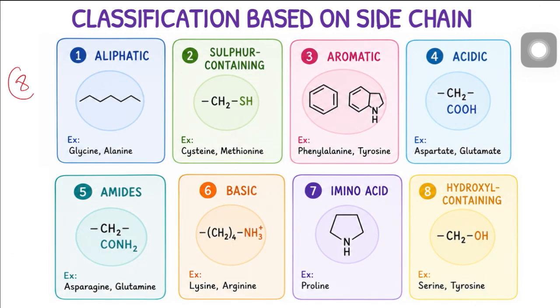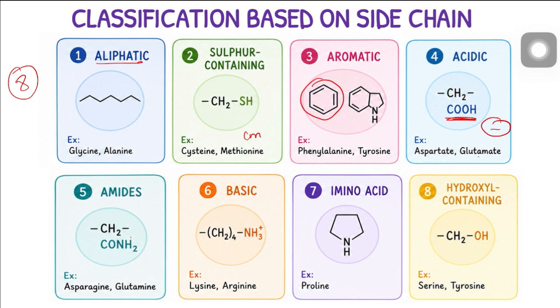So we had 8 types under this. For aliphatic, only simple hydrocarbon chains. Then we have sulfur containing, CM, that is cysteine and methionine. Then aromatic, they have a ring structure. Okay. So phenylalanine, tyrosine and tryptophan. Then acidic, an extra COOH group, and what charge were they? Negatively charged, aspartate and glutamate.